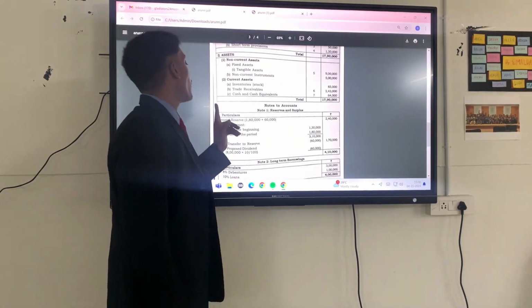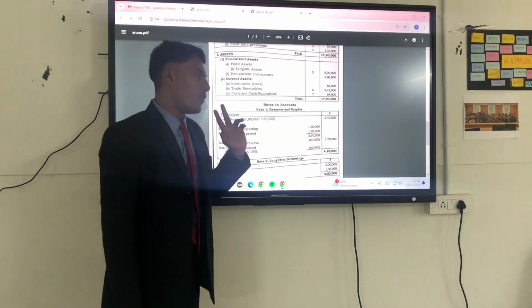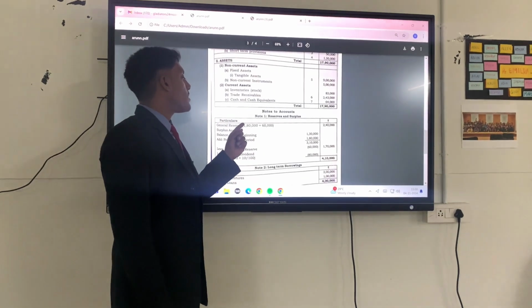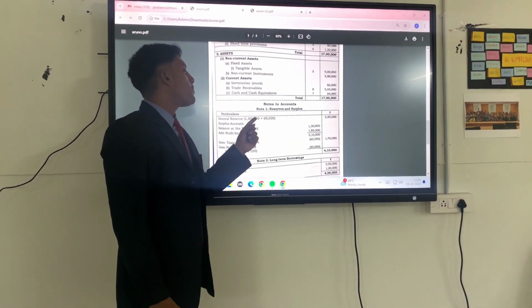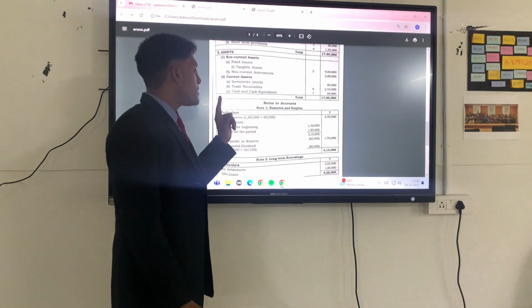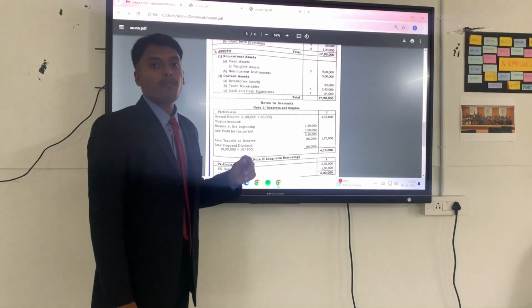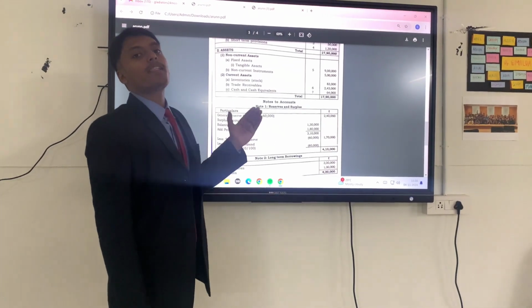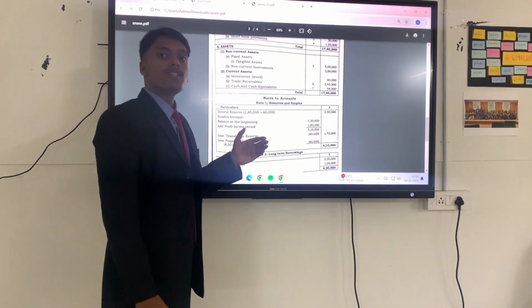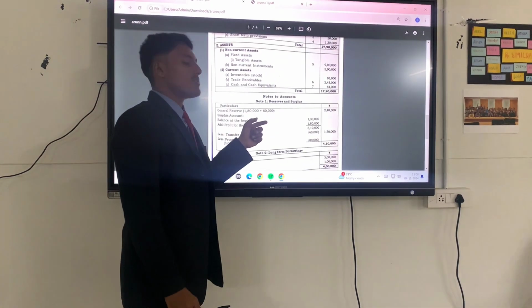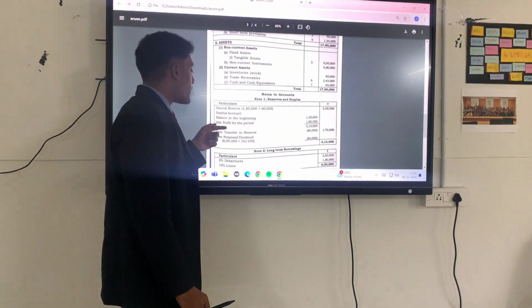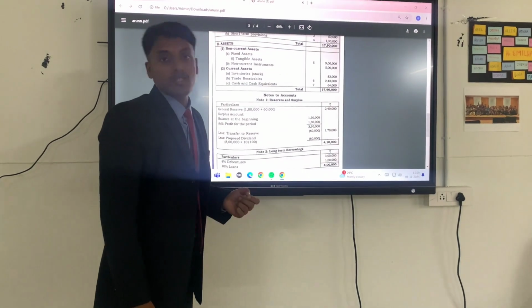Then we can move on to the general reserve account. Here we can see 1,80,000 plus 60,000. This 1,80,000 is directly given in the question, so it is already there. Then 60,000, we know that we have transferred 60,000 to general reserve.